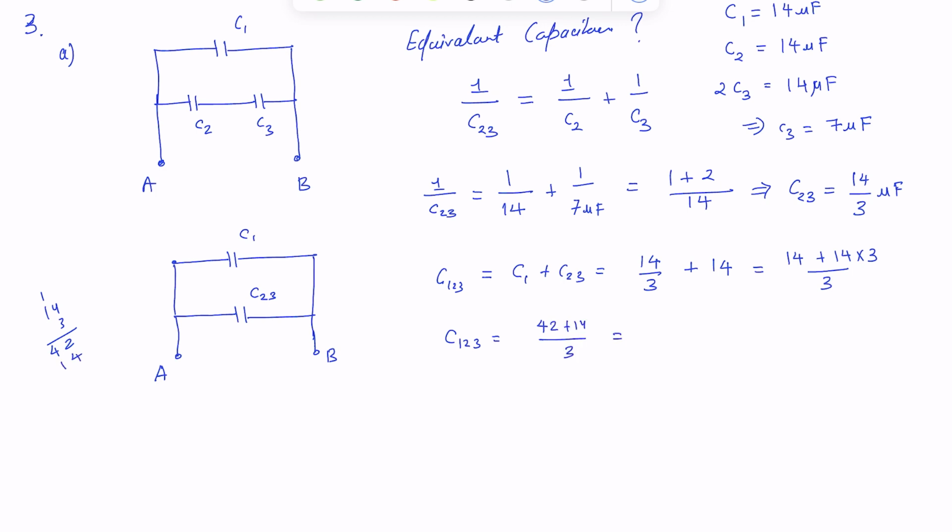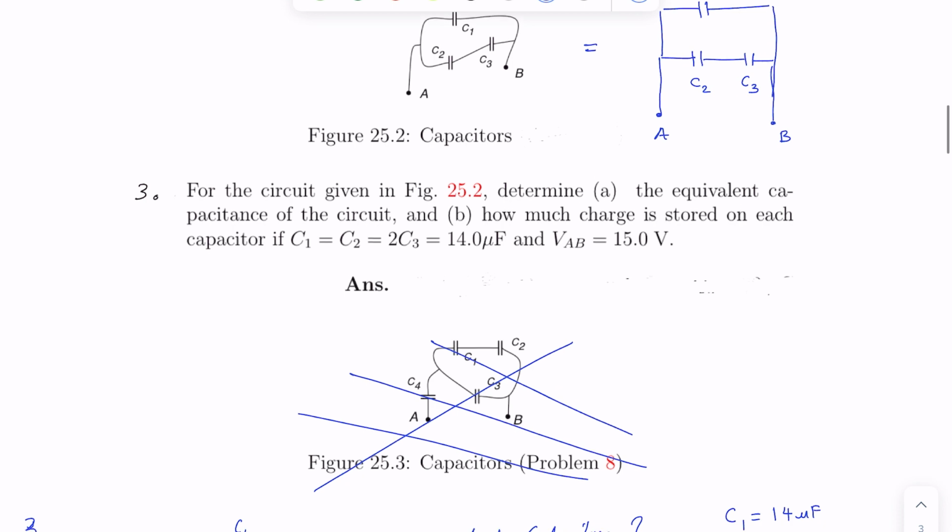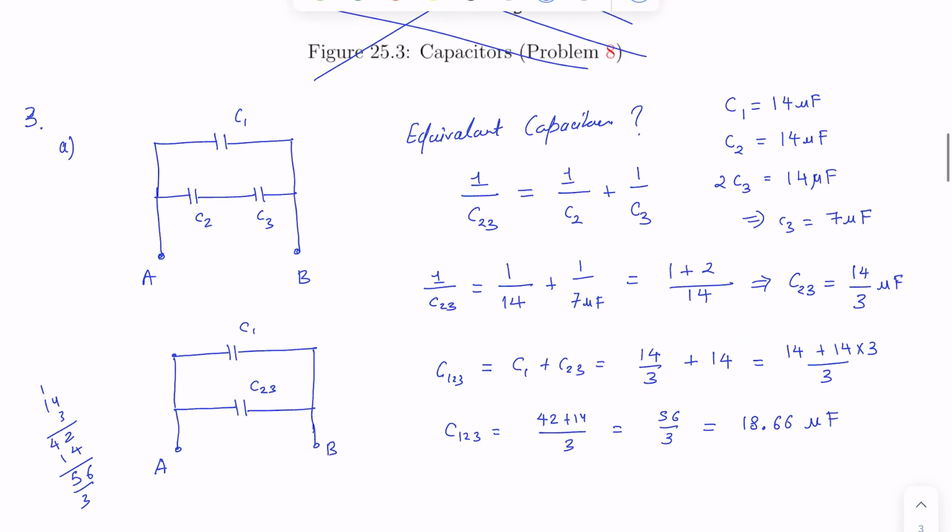Use your calculators, don't do this. 56 over 3, and that is equal to, I need my calculator, 56 divided by 3, 18.66, and we were working in microfarads. Everything was in microfarads, so this is your answer for equivalent capacitance.